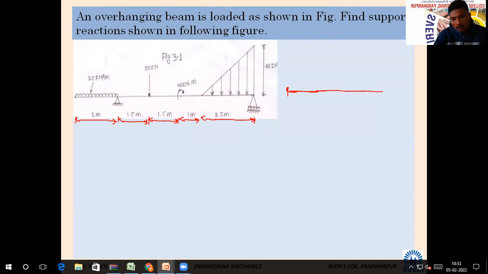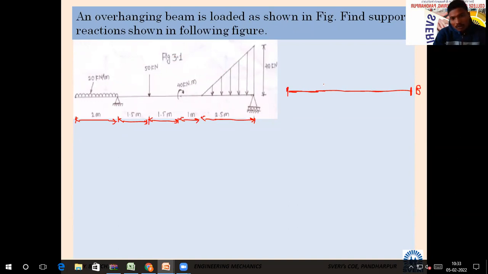Uniformly varying load also. Point load also. Three types of loads are applied in this diagram, not supported. Point load is also there. Even one moment is also there. Are you observing?